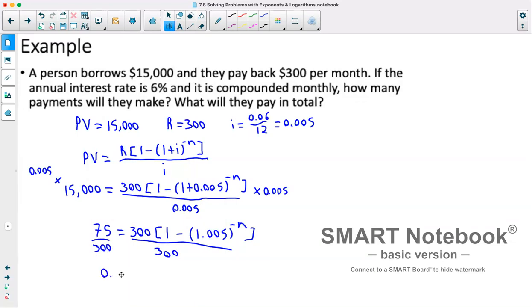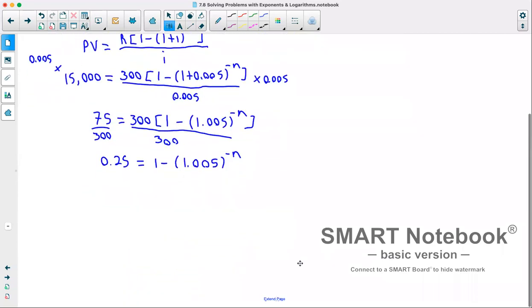So that gives us 0.25 is equal to 1 minus 1.005 to the power of negative n. At this point, I'd move the 1 to the other side. So that gives us negative 0.75 is equal to negative 1.005 to the negative n.